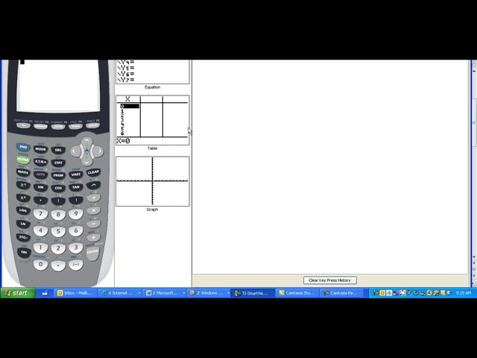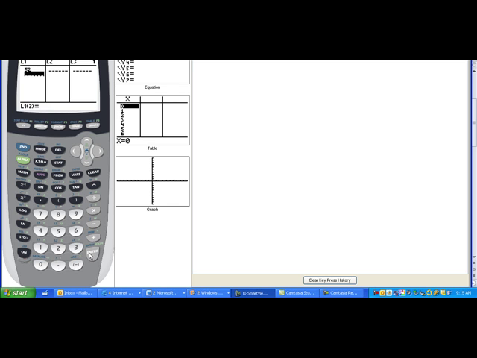I'm cutting a little bit of the calculator off here, but I think you can see most of it. Where we begin is with the stat key, and we're going to choose edit, which is what is highlighted. So I'm just going to enter. And I want to put the temperatures for the 5 days in the calculator.